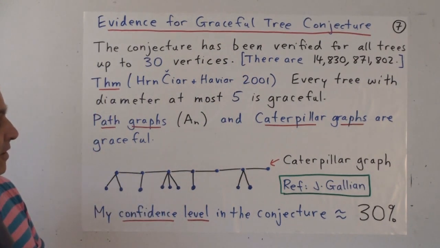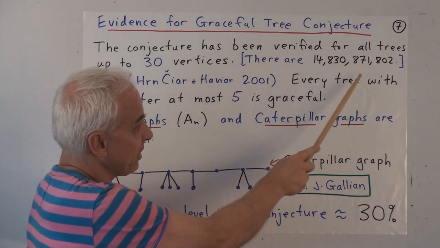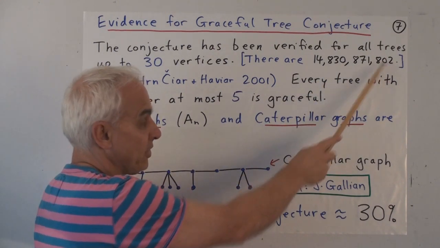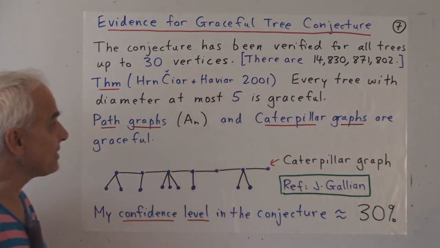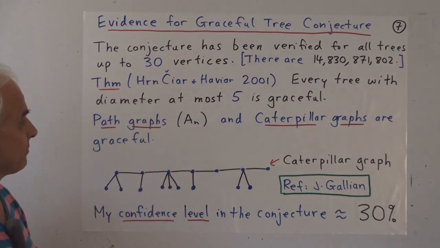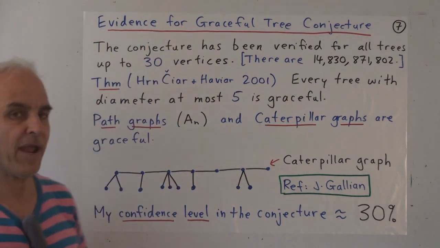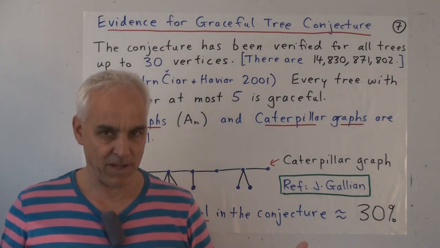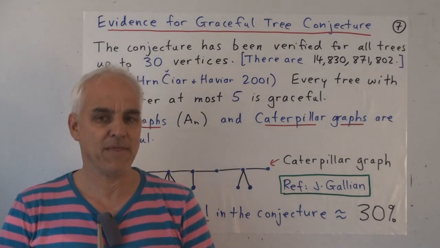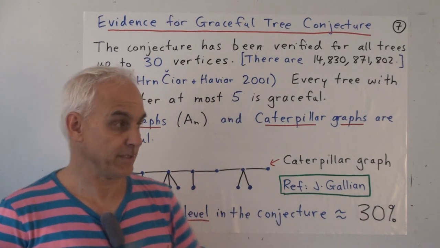And that's a fair job, because there are 14,830,871,802 different trees with exactly 30 vertices. So that's certainly some evidence, but on the other hand, 30 is not all that big. It certainly could be that there are some counterexamples for larger trees.